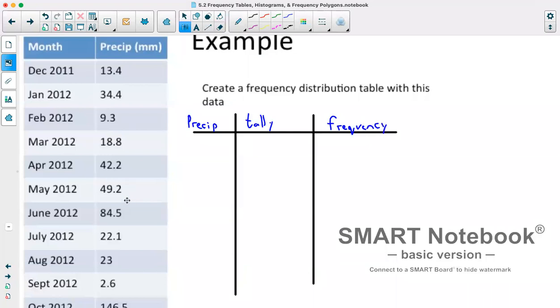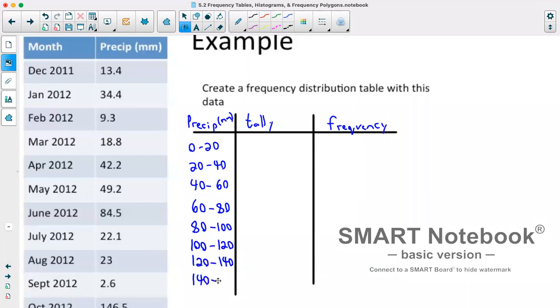Based off the information here, I might go in intervals of 20: 0 to 20, 20 to 40, 40 to 60, 60 to 80, 80 to 100, 100 to 120, 120 to 140, 140 to 160.